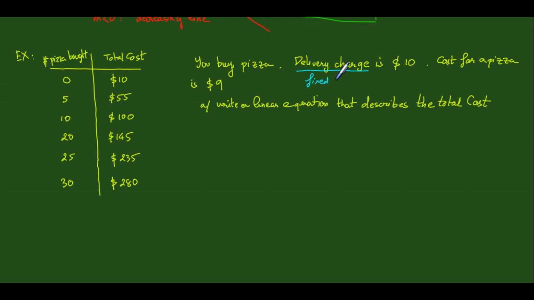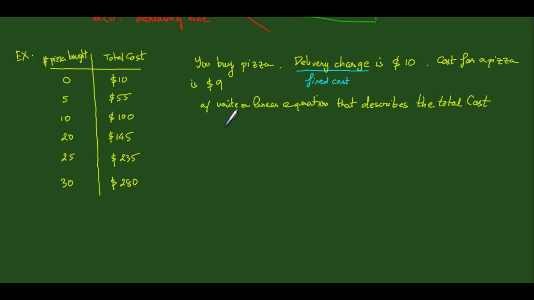Remember in the previous section, we already talked about how to find the total cost, and I gave you the formula. Total cost will be the fixed cost plus the cost for each item. Remember that? So over here, I want to write the linear equation that describes the total cost. Then the total cost will be what?